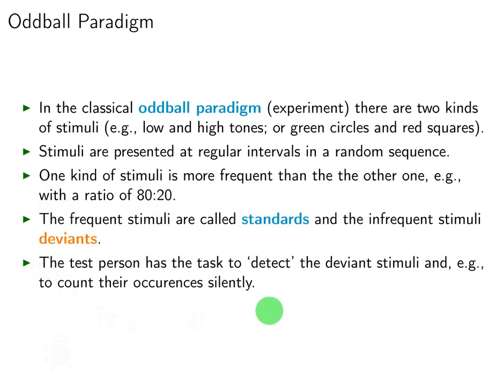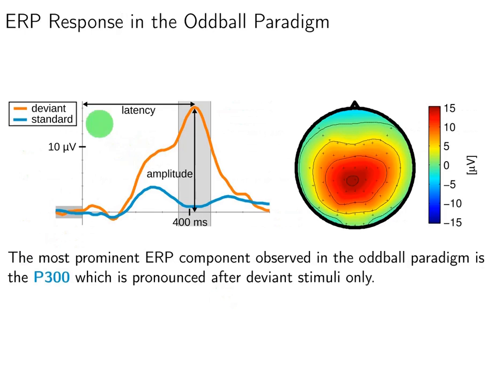The test person has the task of detecting the deviant stimuli while being shown standard or deviant in a randomized sequence, and counting their occurrences, usually silently. A typical example of ERP acquired from the Oddball experiment looks like this.